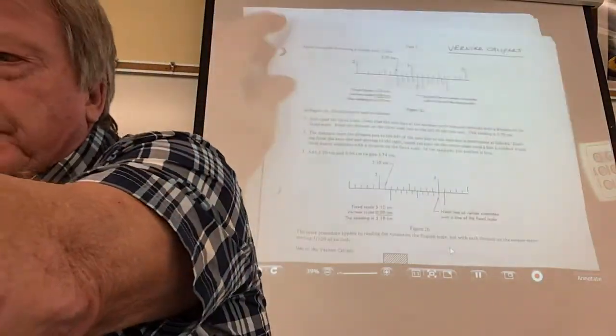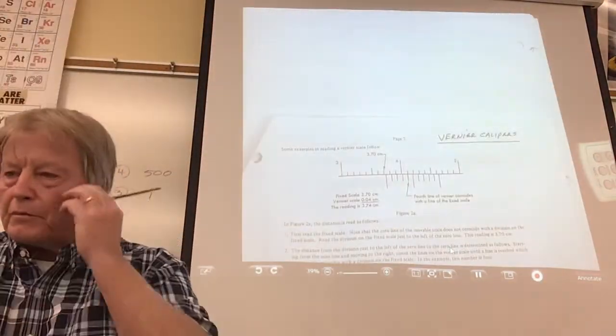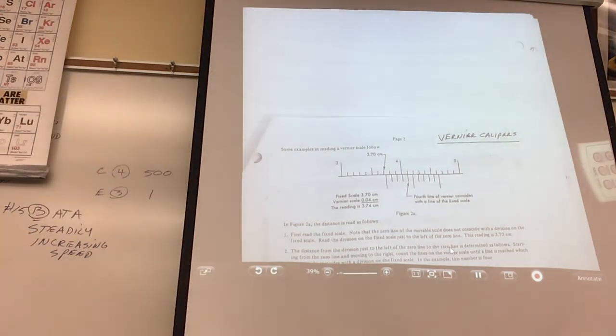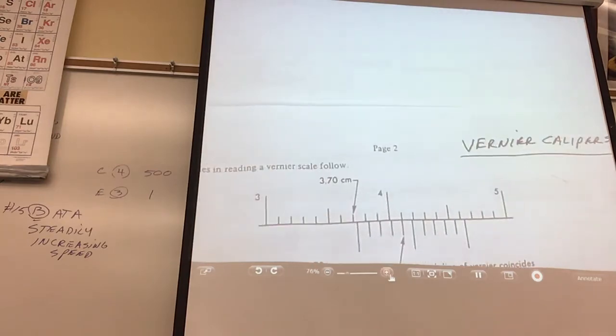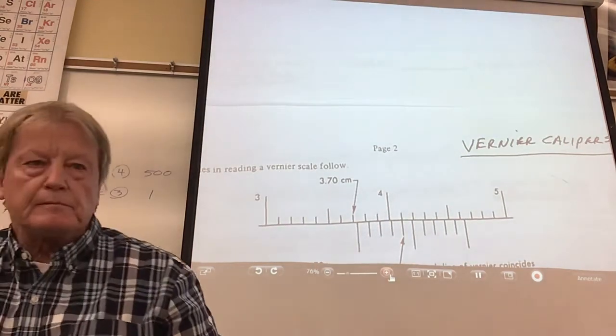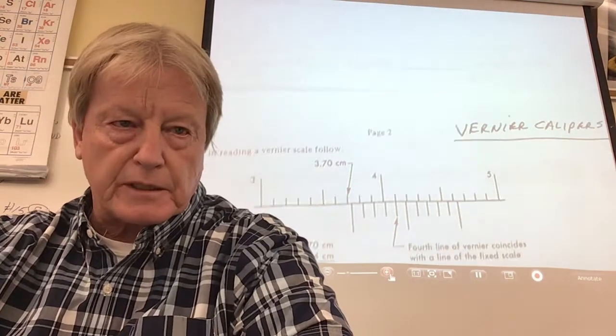So what I want to do, and this is going to be the most complicated part, is look right here in your handout sheet, go to the top. Now I'm going to magnify so you can see it really well. All right, you should be able to see that pretty well.